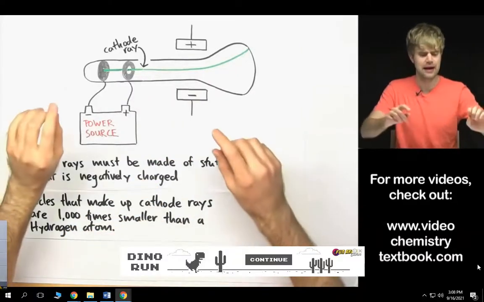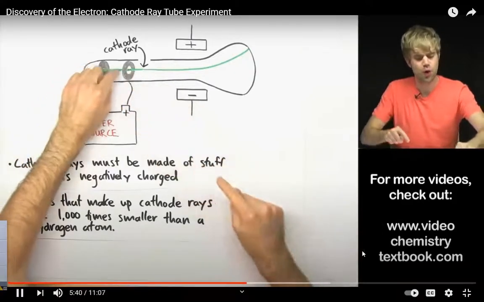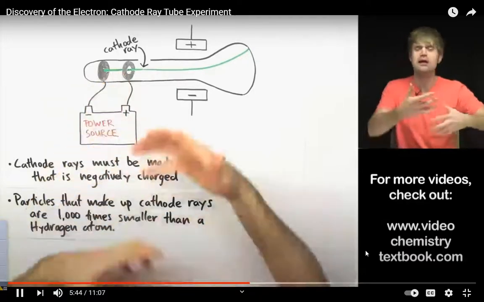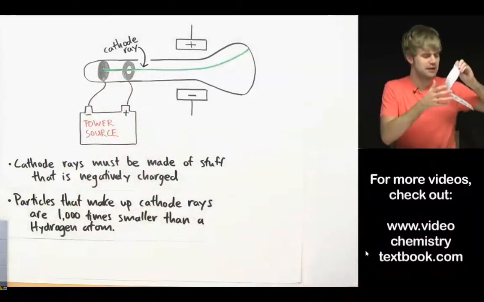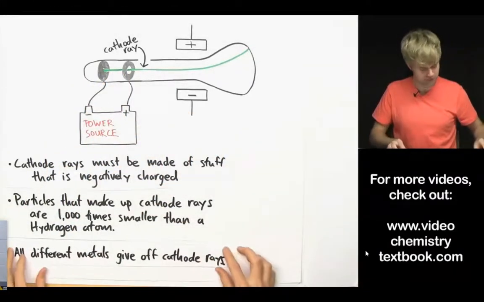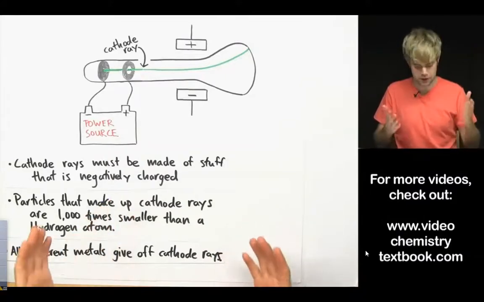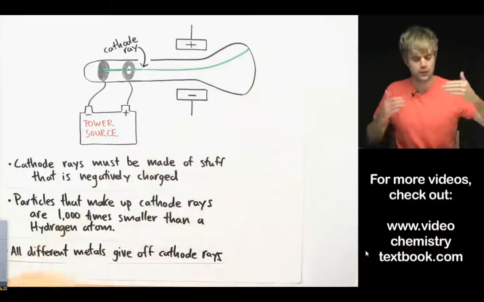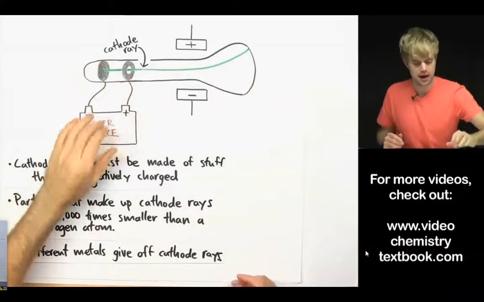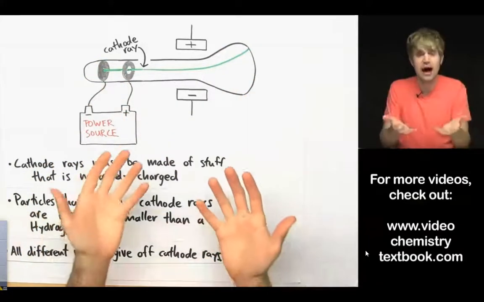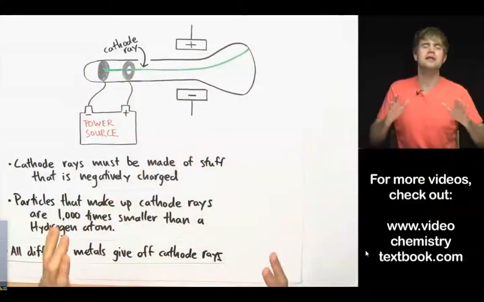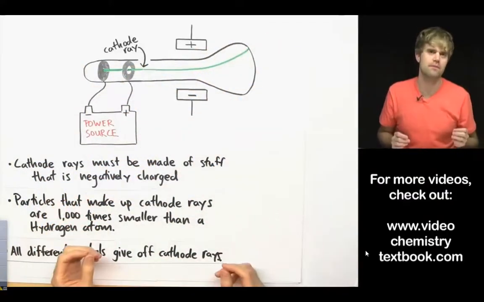And finally, Thompson swaps out the type of metal that's in the cathode tube. He uses a variety of different types of metal, but he finds that all of the different metals give off the same cathode rays, and regardless of what metal he uses, the size of the things in the cathode rays is exactly the same.